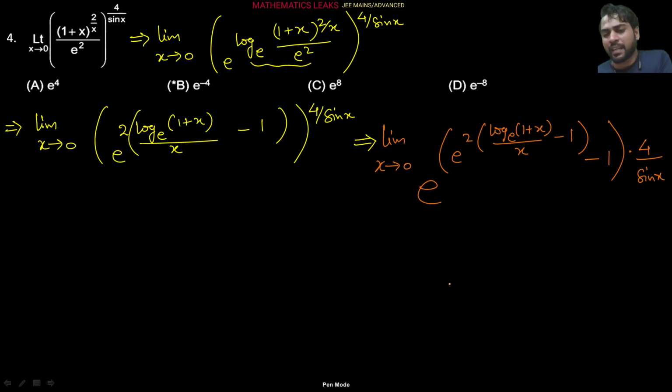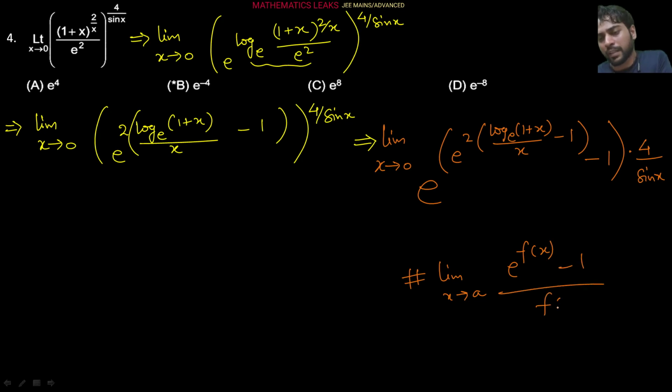Meaning, there is a standard limit: limit x tends to a of (e to the power f(x) minus 1) upon f(x) equals 1, if as x approaches a, f(x) is tending towards 0. Here, as x approaches 0, this given quantity is tending towards 0.